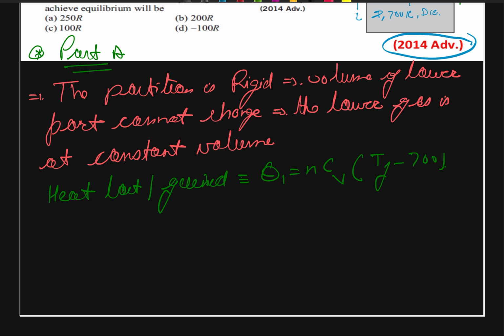In the upper compartment we have that the piston is movable.